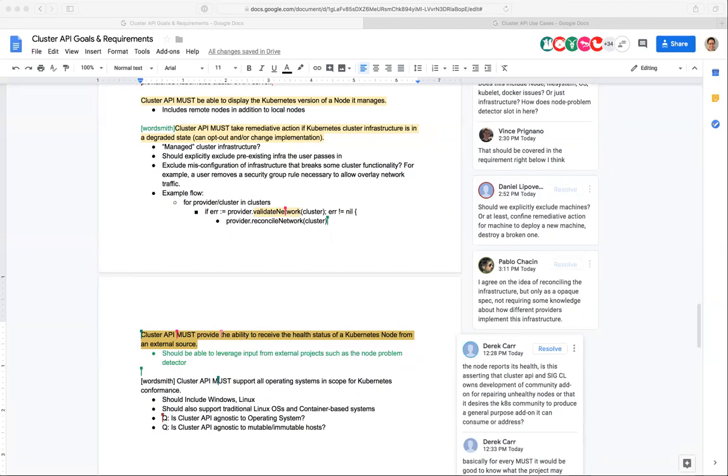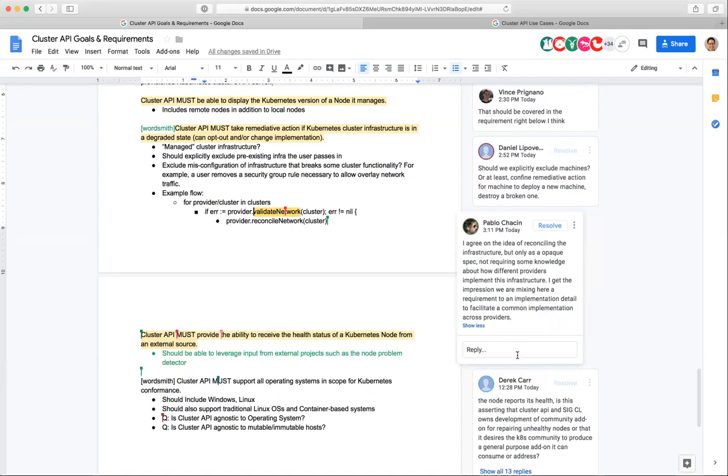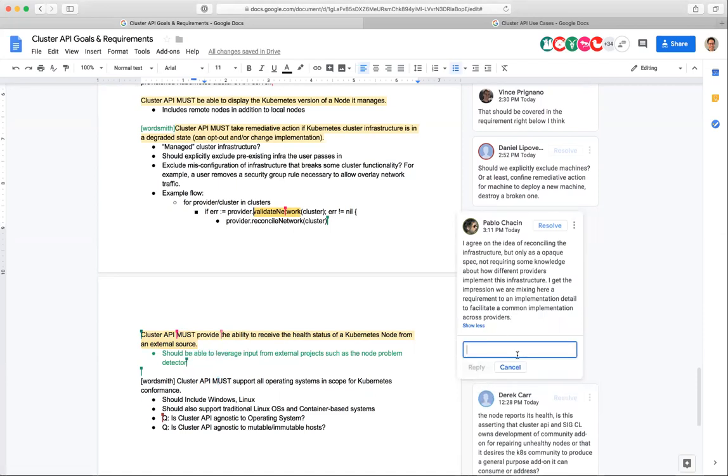I feel like we have APIs today in the cloud provider that let me ensure a load balancer. We have APIs today in the project that let me inquire about the health of a machine.